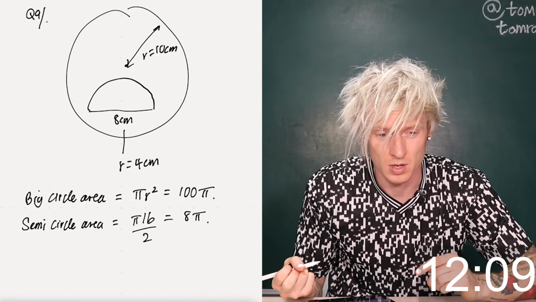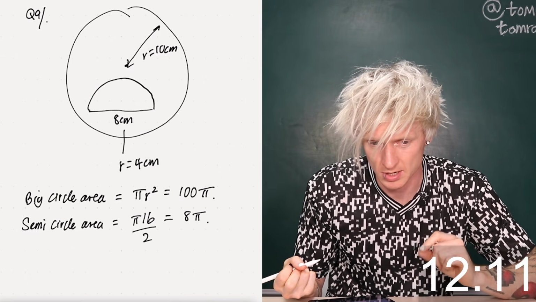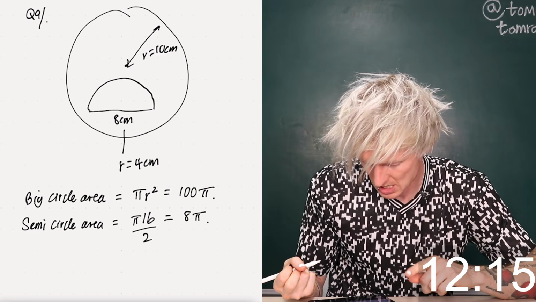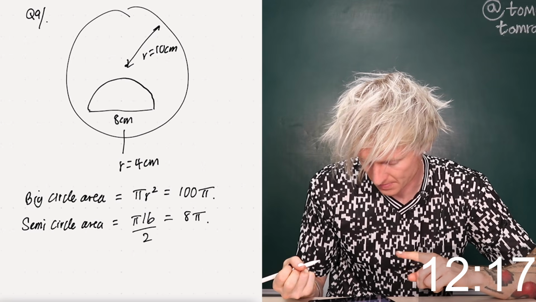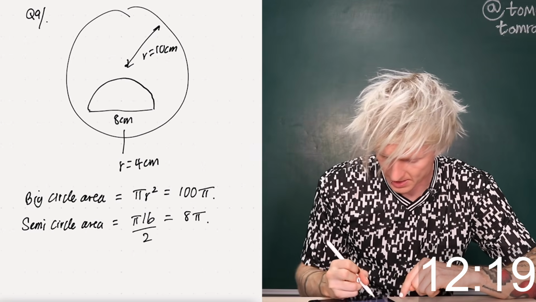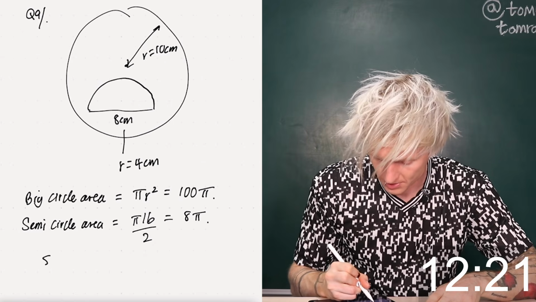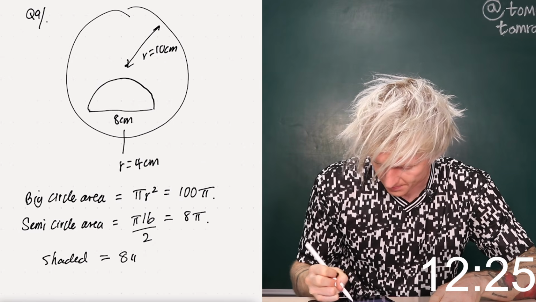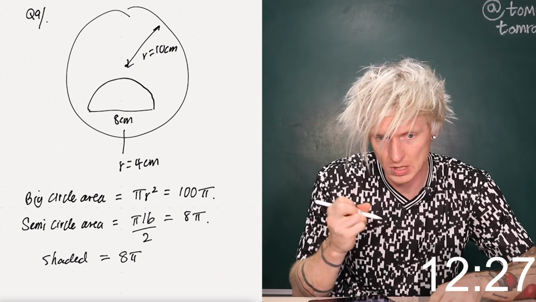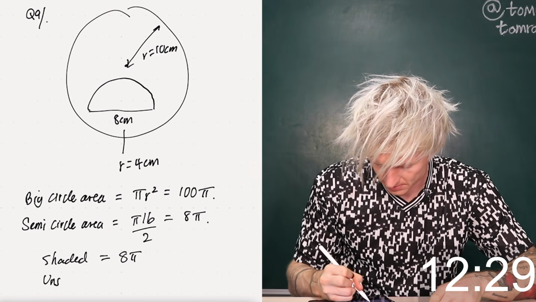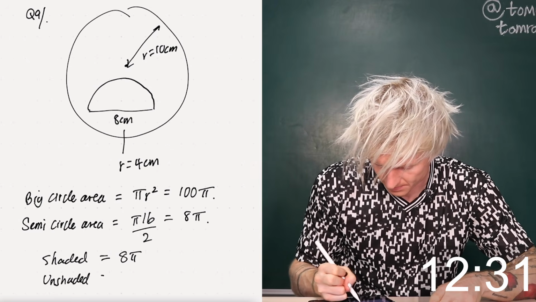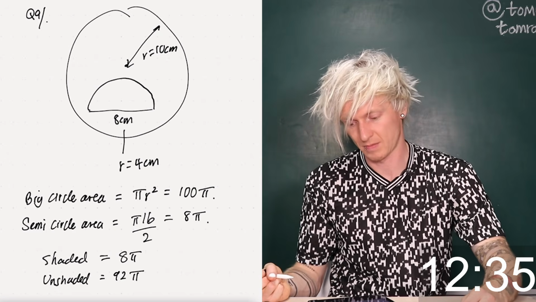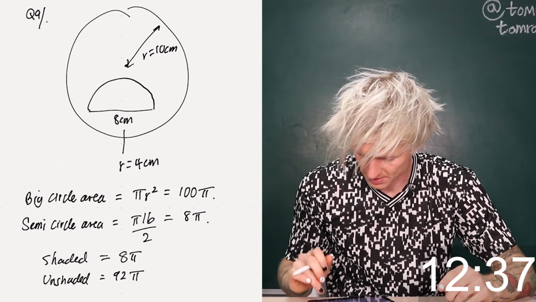So what do we want to know? How many times bigger is the unshaded area? So the shaded area, okay, I think the shaded area is 8 pi. So the unshaded is 92 pi. So how much bigger is that?